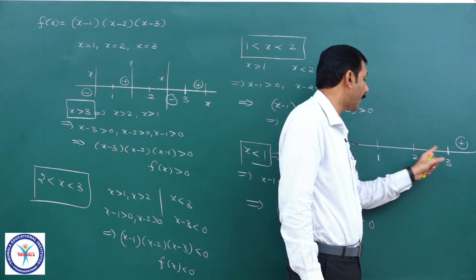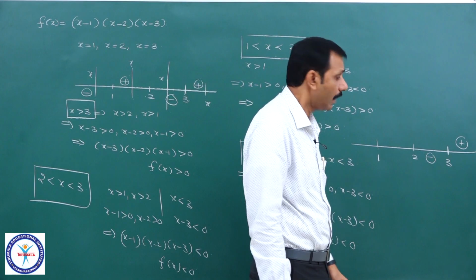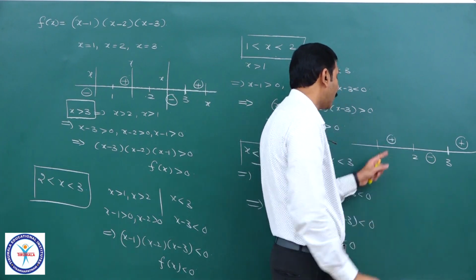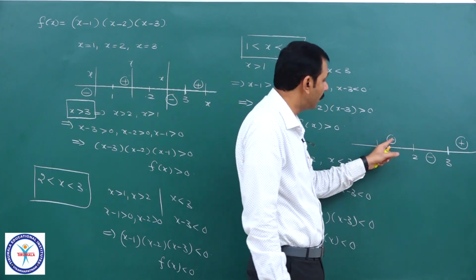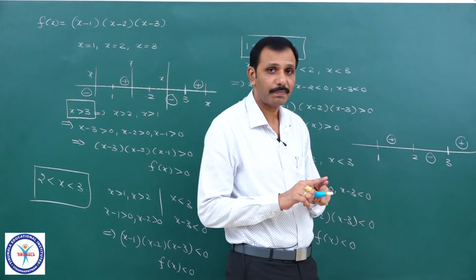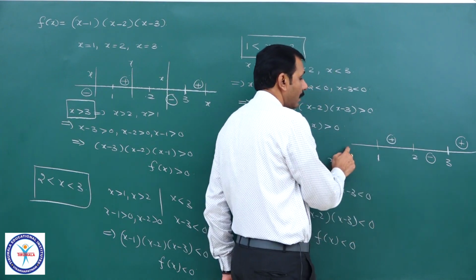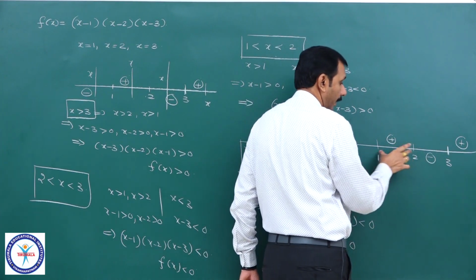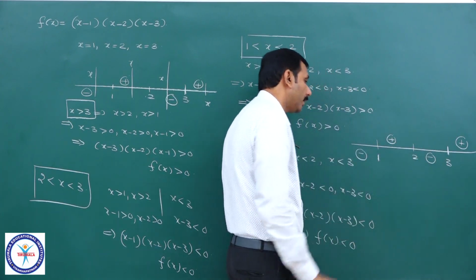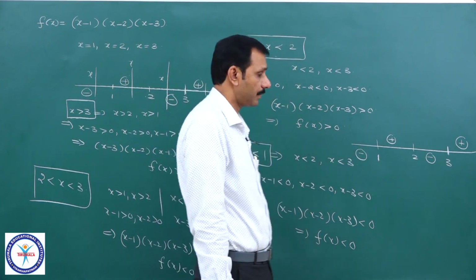Therefore, this negative factor multiplying these two gives negative sign, here it is negative. And the moment you take x here, it will be positive, because here it is a positive factor. x minus 2 and x minus 3 are both negative, and multiplying two negative factors gives positive. And if you take x less than 1, then x minus 1 negative, x minus 2 negative, x minus 3 negative, all three will be negative only. The product of those three factors is negative, it is minus.